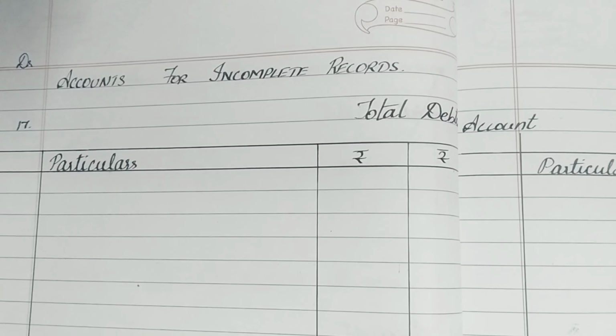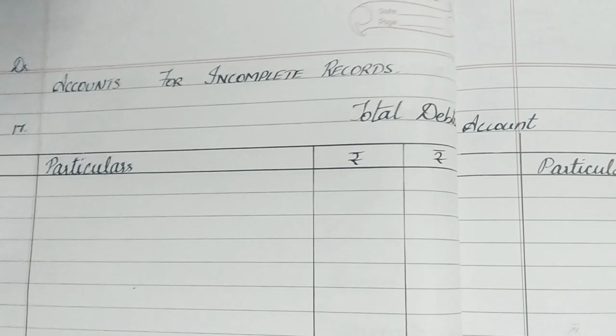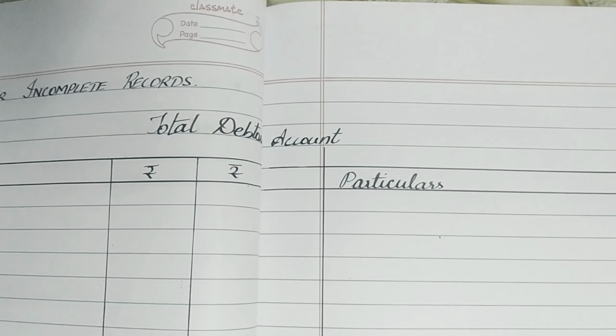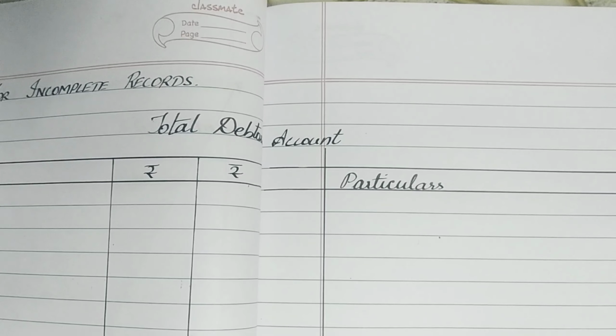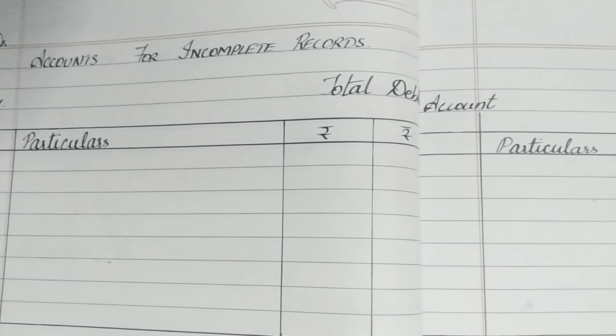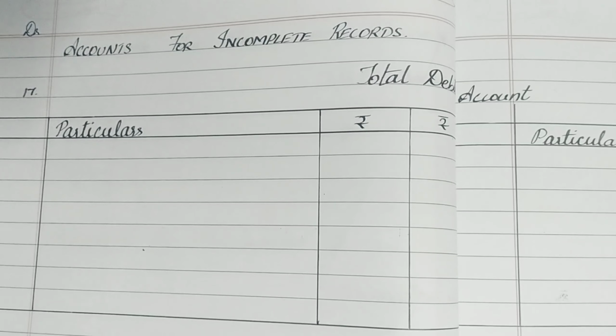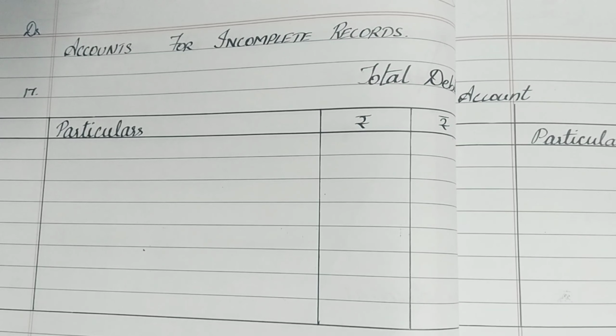So let's start with the total debtors account. I've written down the particulars and rupees for both the debit and the credit side of the total debtors account. Let's go through the values given in the problem and see which values are going to be entered here. First, we start with the brought down balance.